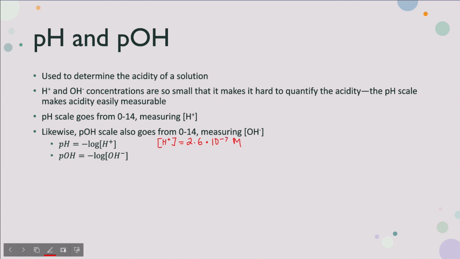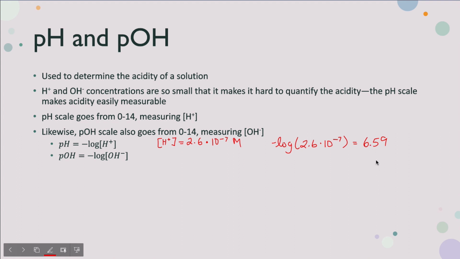Now to convert the H plus concentration to pH, all we have to do is take the negative log of it. So the negative log of 2.6 times 10 to the -7 is 6.59.